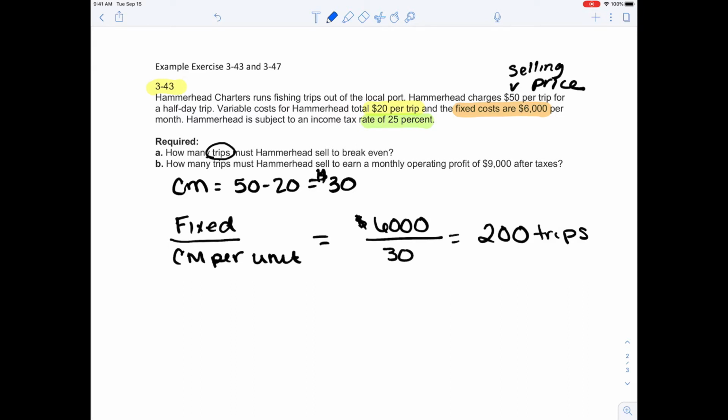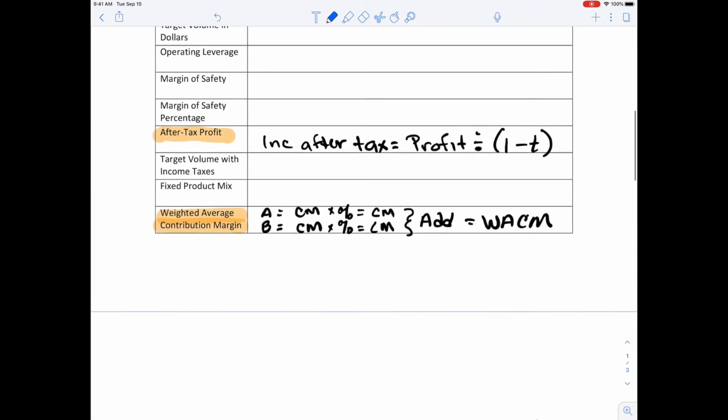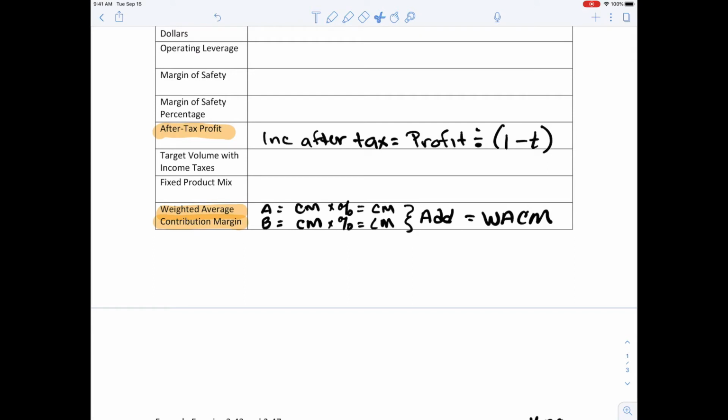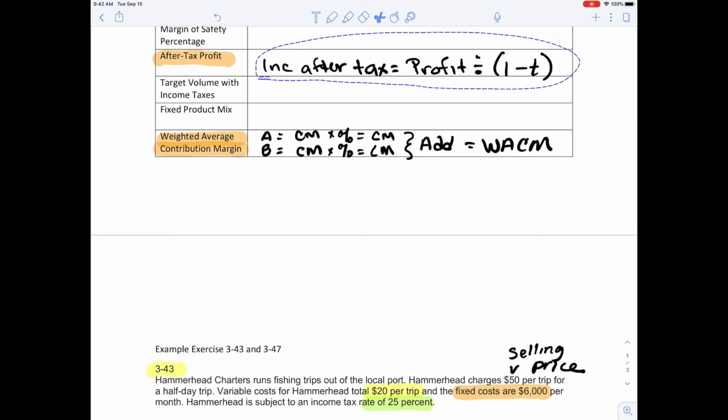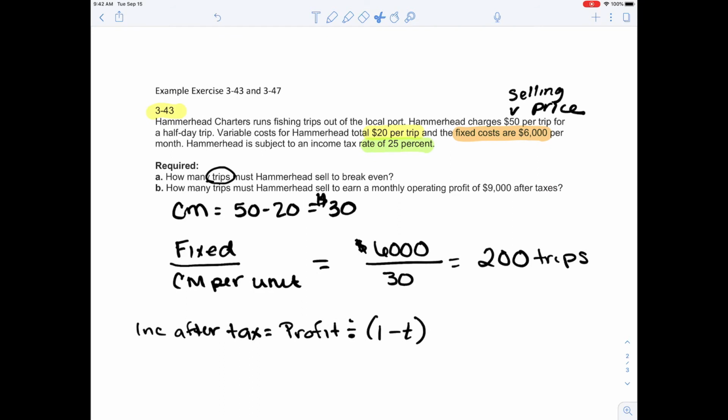So to figure that out, I'm going to come up here and look at this equation, and I'm going to bring that down here and use that to find the income that I need to earn that certain amount of profit after taxes.